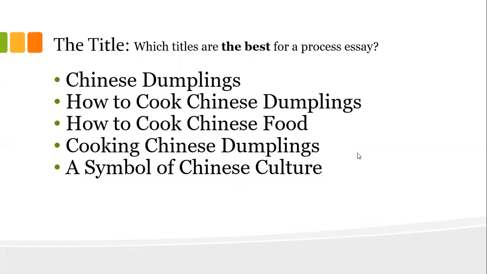I should see the topic of the essay, but I should also get some kind of idea what kind of essay is being written. So if we look at these 5 titles, which 2 of these titles are the best for a process essay? Pause now.